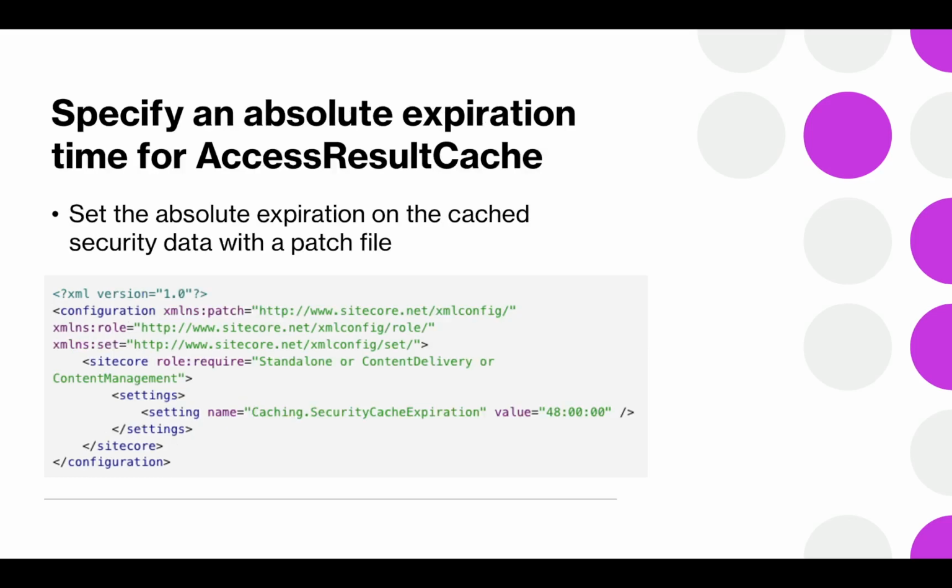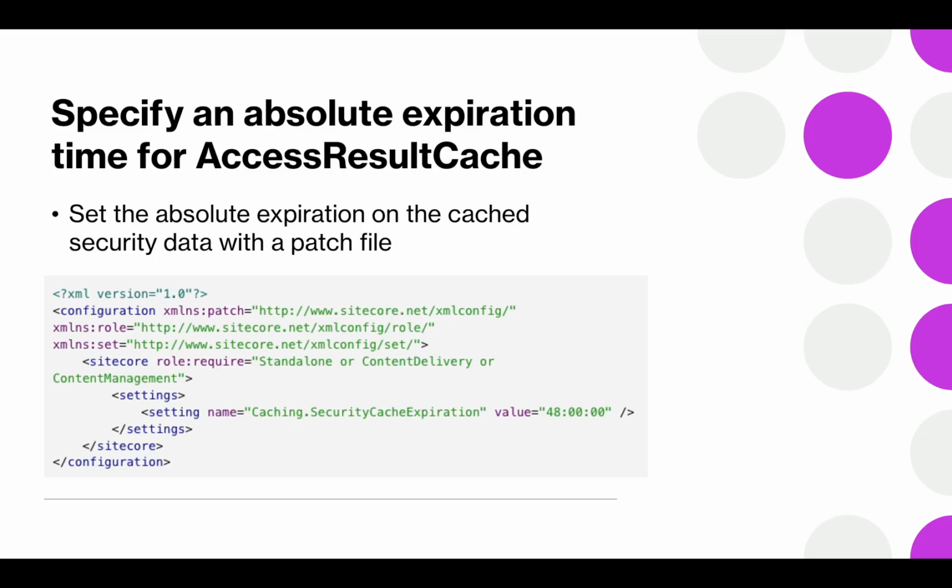Finally, one more way to try to resolve access result cache issues is to set the absolute expiration on the cache security data with a patch file. There's a setting, caching.security cache expiration, and the default value for this setting is 0, meaning the access result cache never expires.